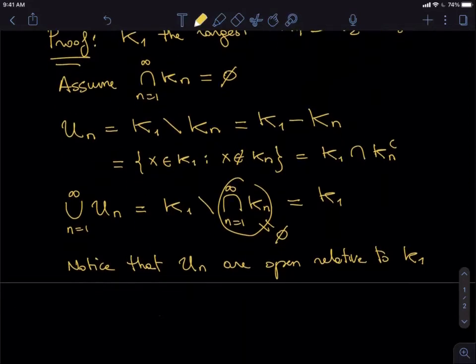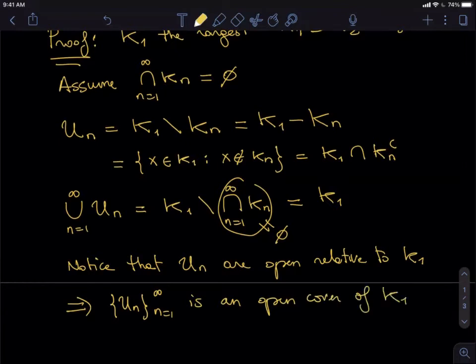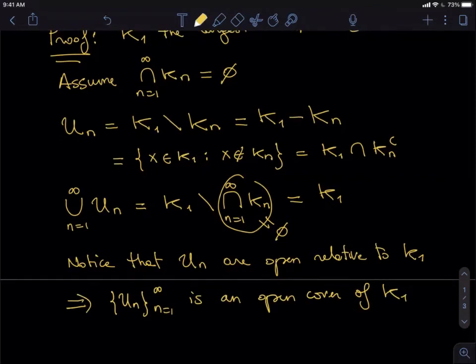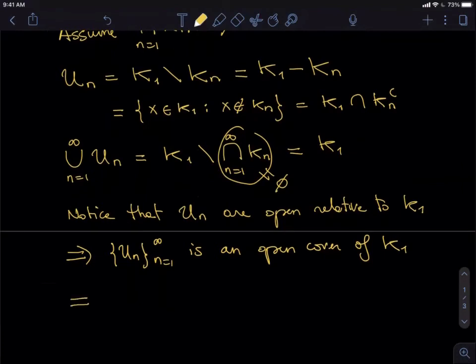So what do we have here? We have that the U_n form an open cover of K1. You see here we are already connecting with the compactness hypothesis. Because it's an infinite open cover, by compactness there is a finite subcover.